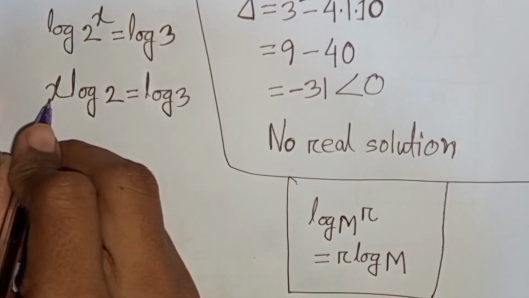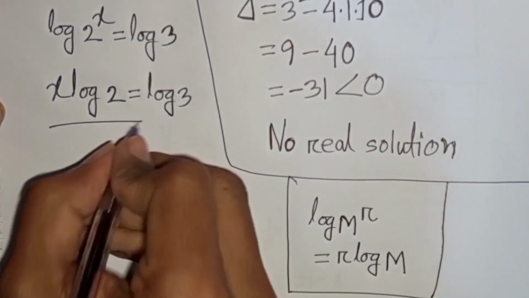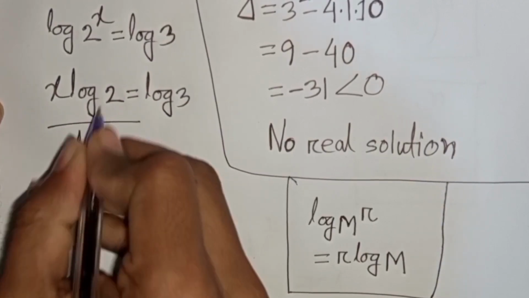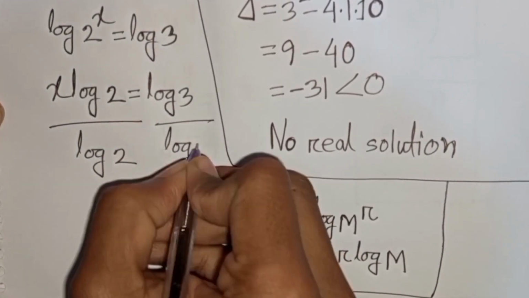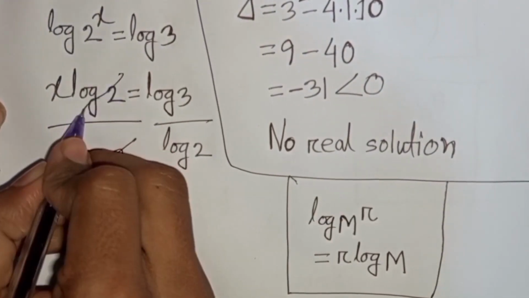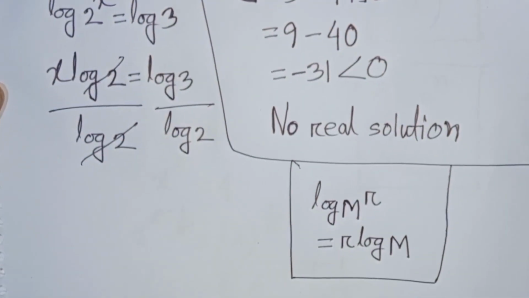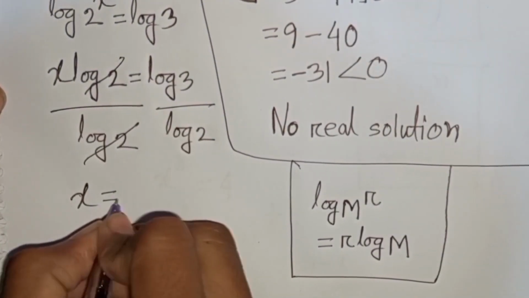Now we need the value of x, so divide by log 2 on both sides. So divided by log 2, divided by log 2. Now we see this log 2 will be cancelled. So here x will be equal to log 3 divided by log 2.